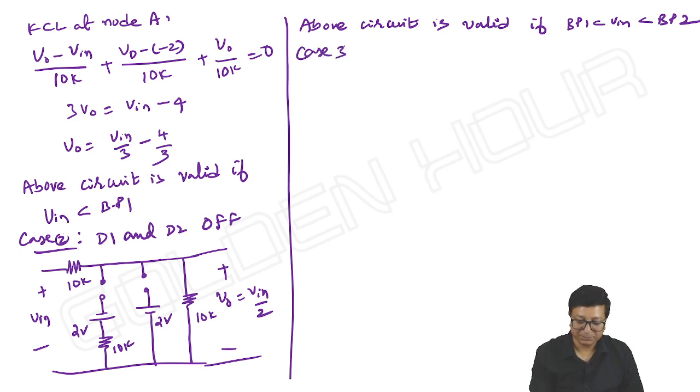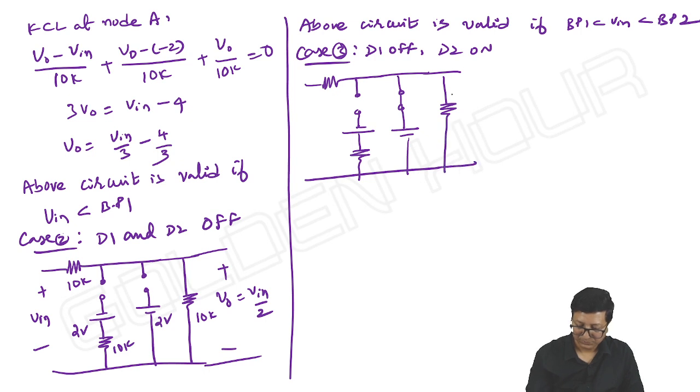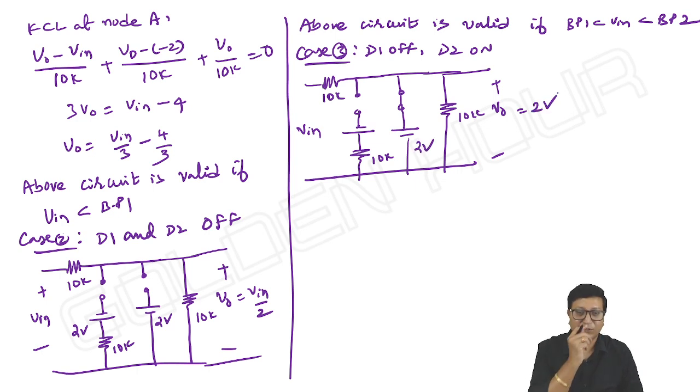Then case 3: D1 is off and D2 is on. Output is 2 volts. That's it.